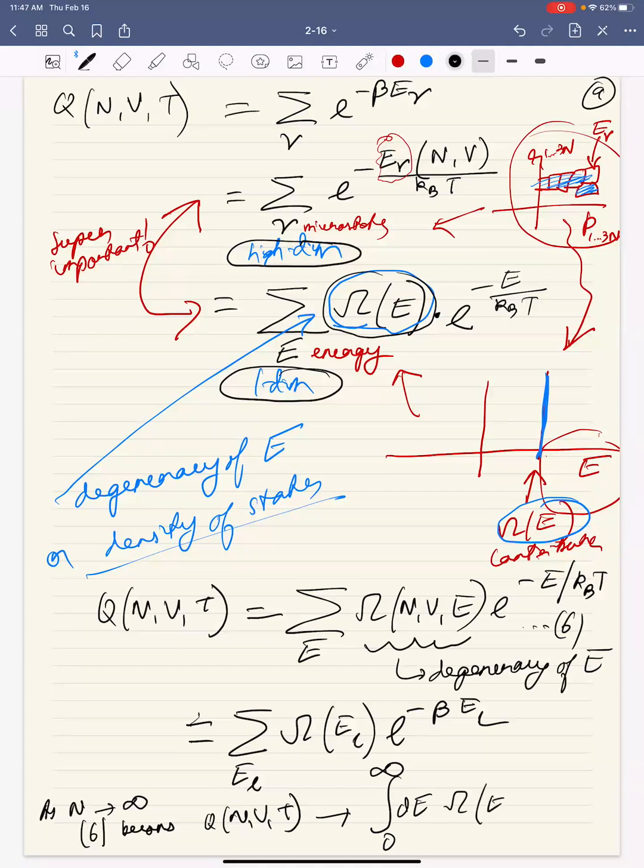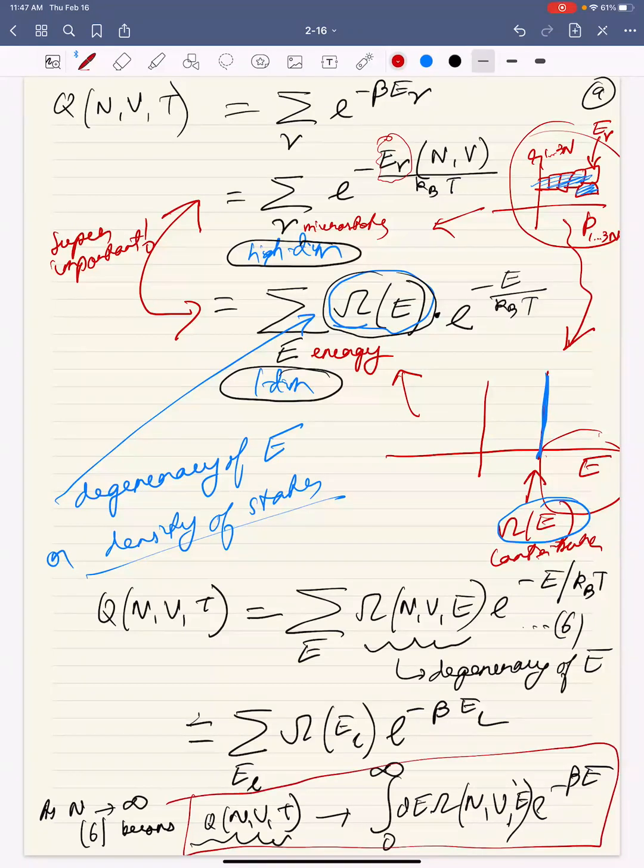Omega of E times e to the power minus beta E. This is a Laplace transform. This is the definition of a Laplace transform. So we have just shown, and I should be rigorous here and write down omega NVE, that Q NVT and omega NVE are connected through a Laplace transform.